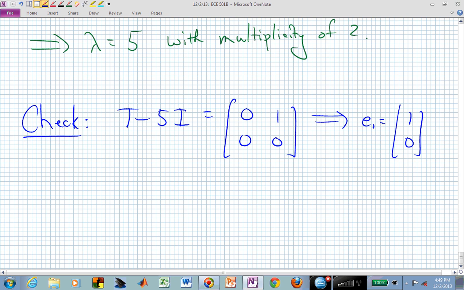Because we have this all 0 column there, anything in that top entry is going to get annihilated, but because of that 1 in the second column, we can't have a non-zero entry in the second coordinate of that vector. In this case, we really only have one eigenvector associated with that matrix representation of that linear operator.